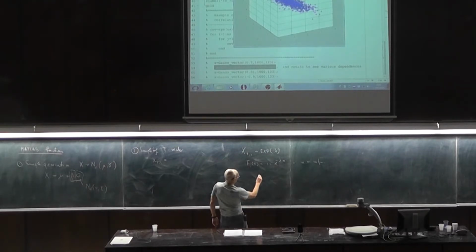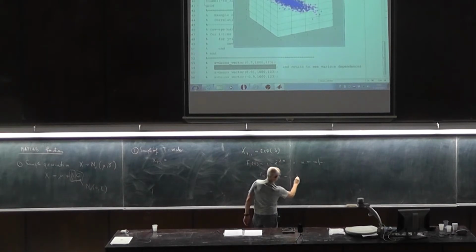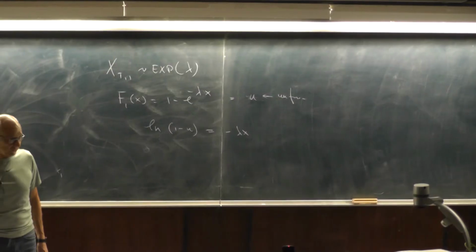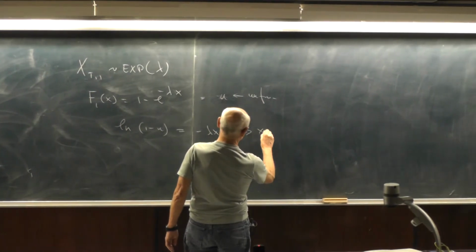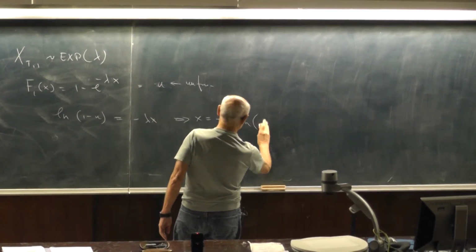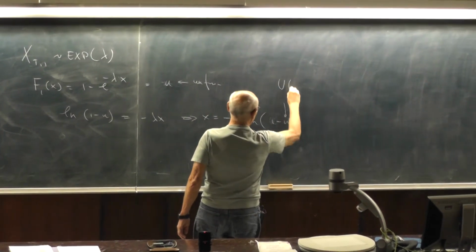Well, this is a natural logarithm. If I take this on the other side, it would be 1 minus u. It's equal to minus lambda x. Right, I apply the logarithm on both sides. That gives you x, where u is uniform in 0, 1.